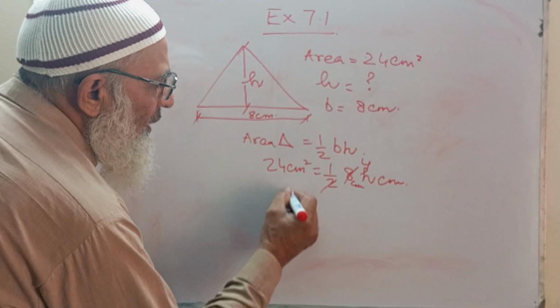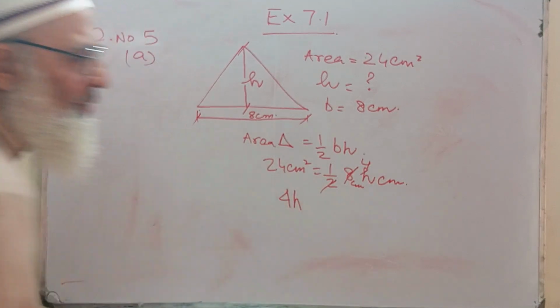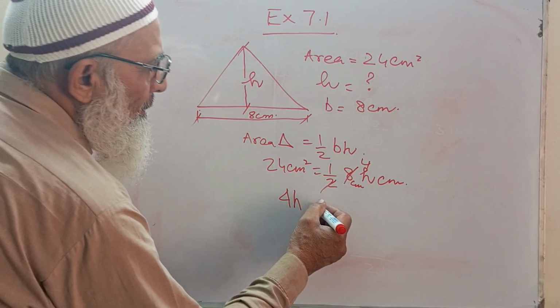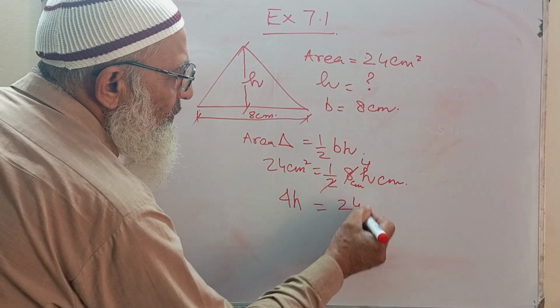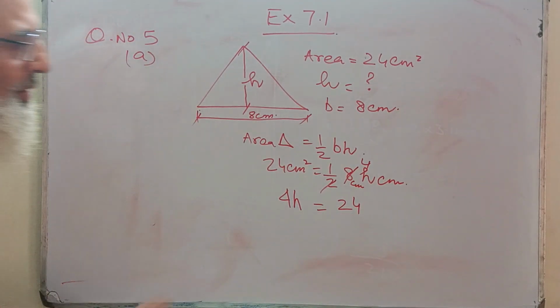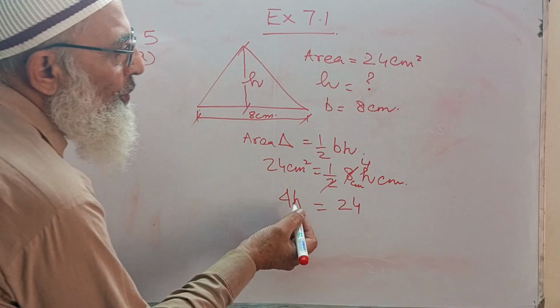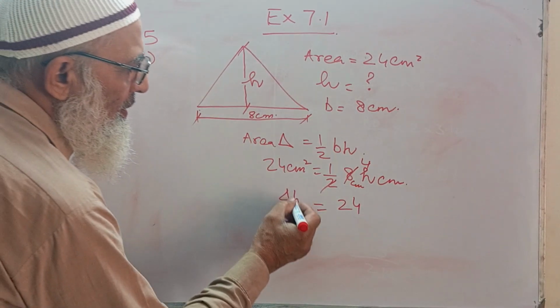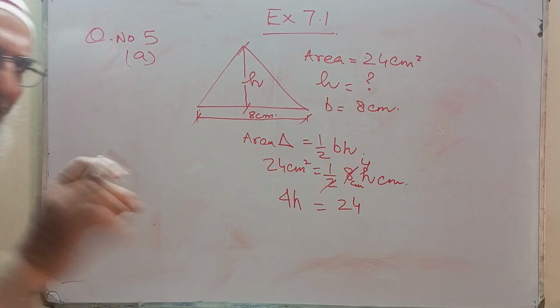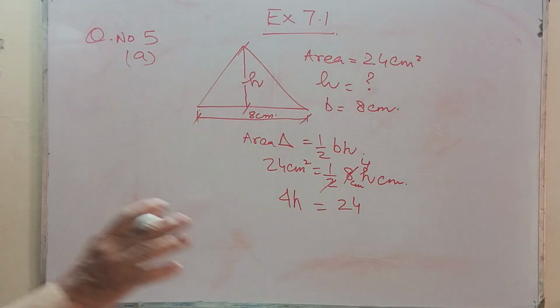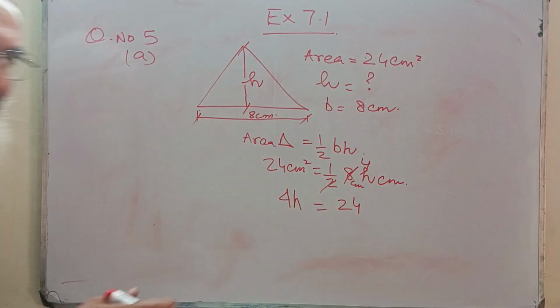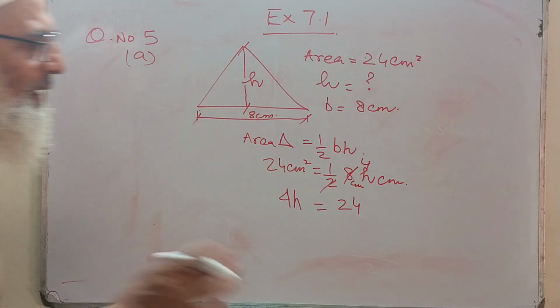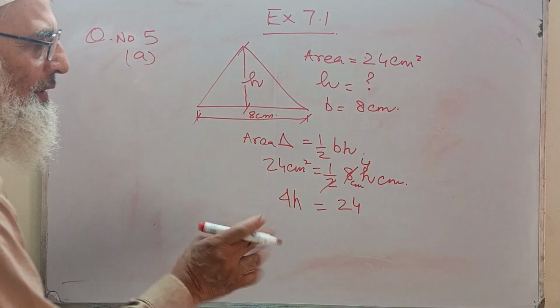Now I am going to write only the values. 24 is equal to 4 times h. Now 4 was in centimeters, remember. You can write it or you can just avoid it, because if you write it you might make some mistake. Therefore I am not going to write it.